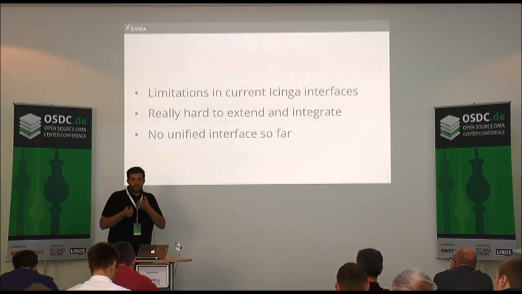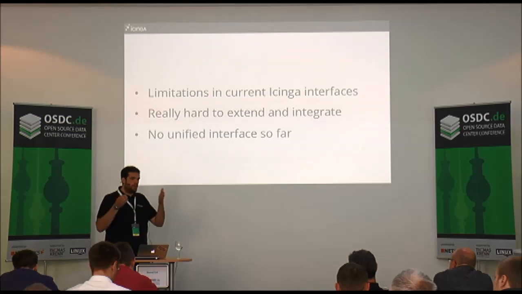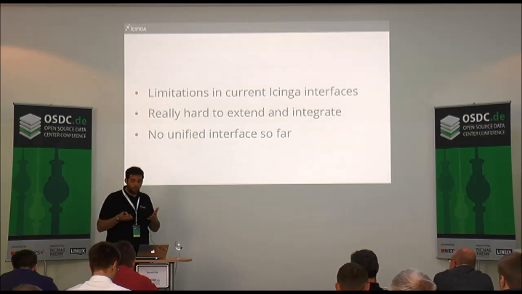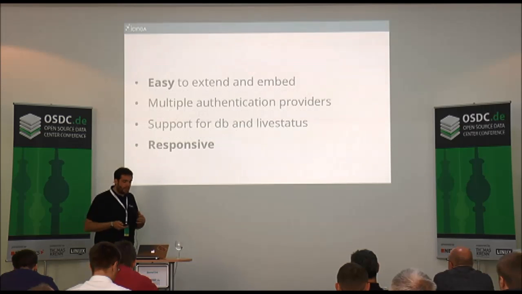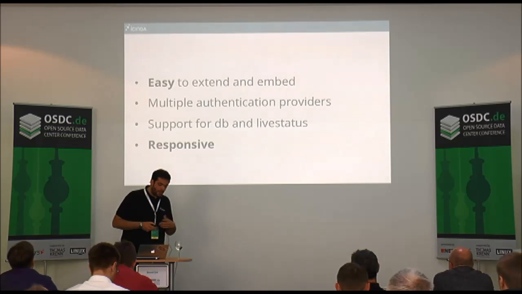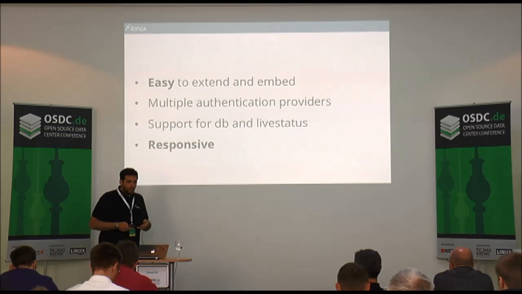The other thing is, again, we don't have any unified interface. At the moment we have three interfaces out there, and we want a future where we have one. So we took another shot, and this looks really good for now. We built Icinga Web 2, which is a very lightweight interface.